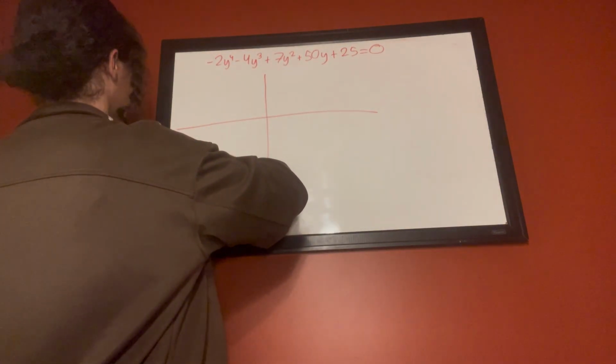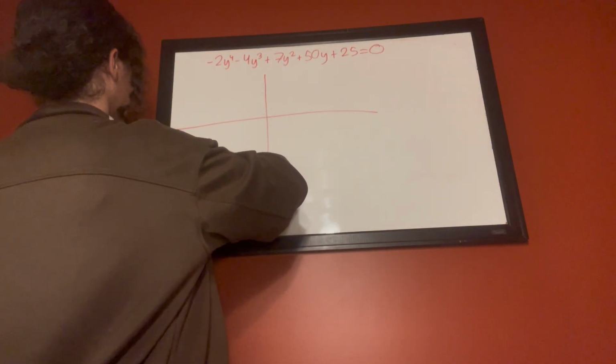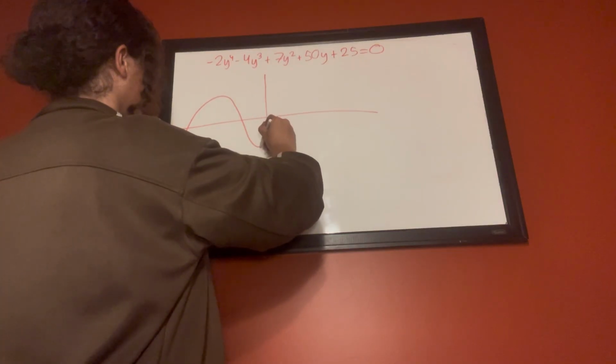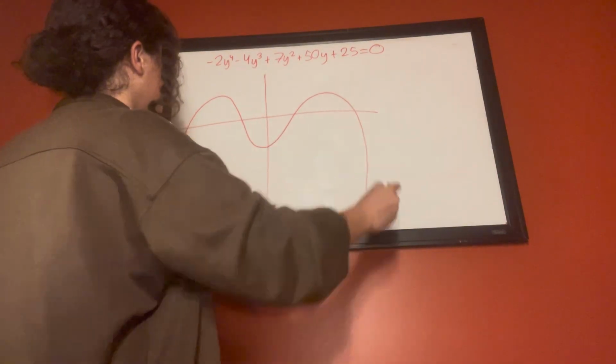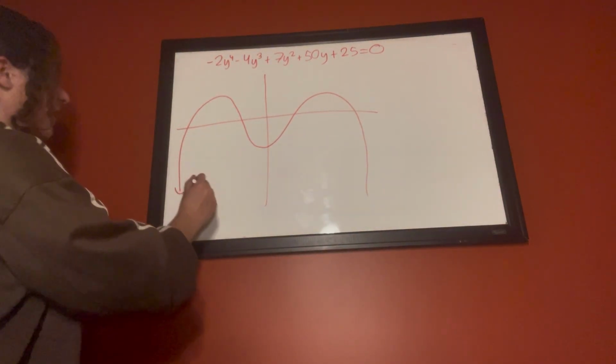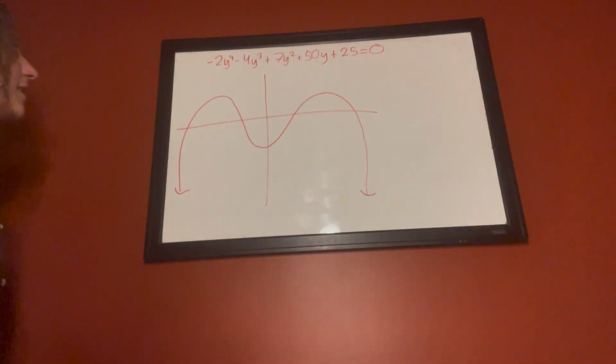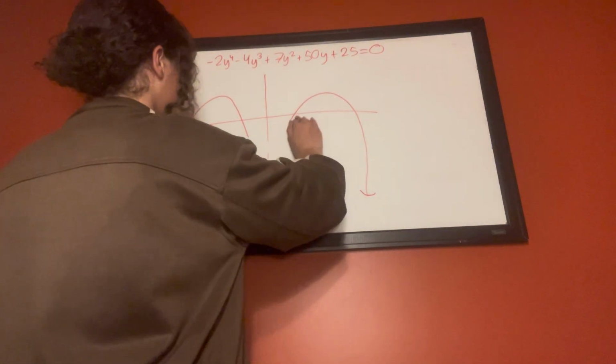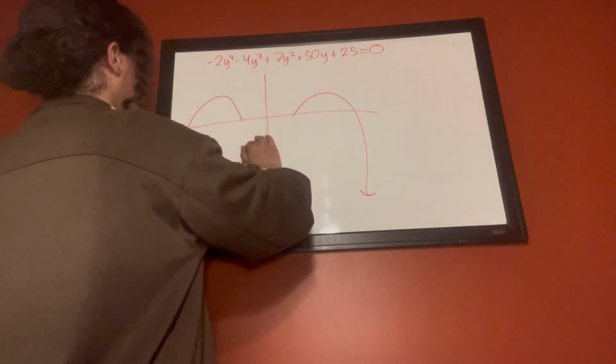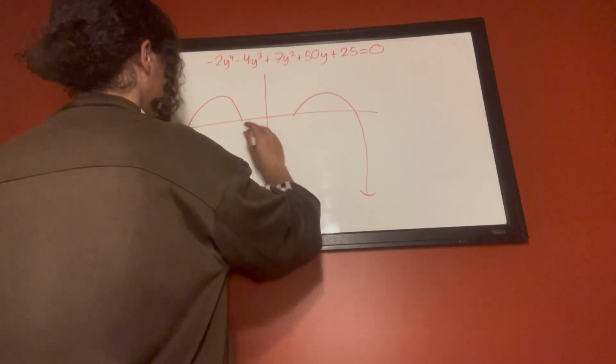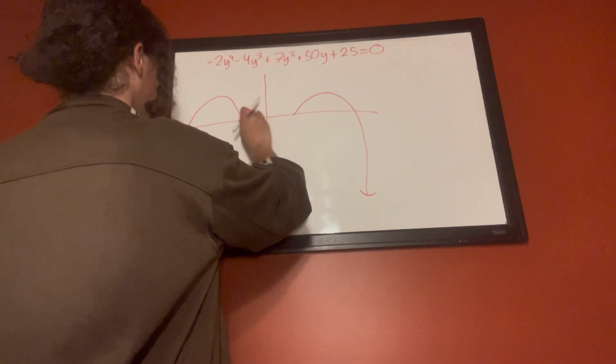I don't really know what to do with this. I mean, how many roots does this guy have? Like, I don't know. Let's just assume it looks something like this. Who knows, to be honest. Well, actually, we know this is wrong because I know its y-intercept is 25. So we'll just pretend that didn't happen.